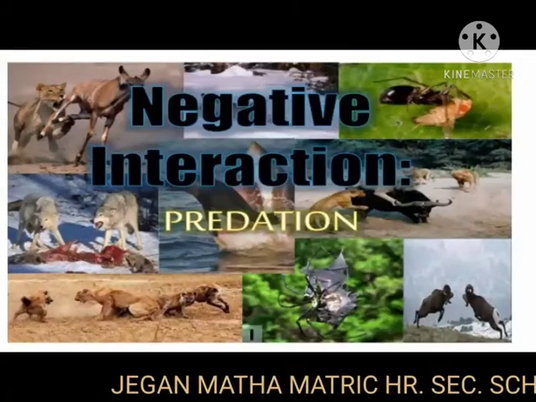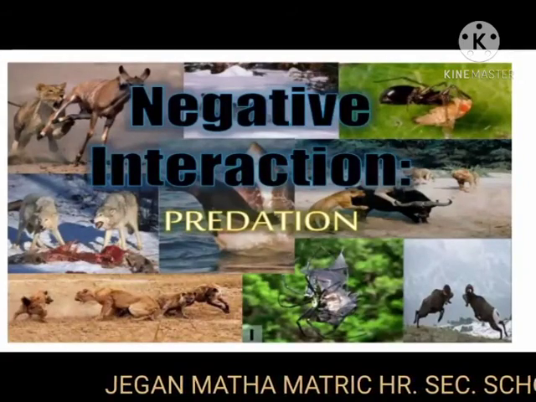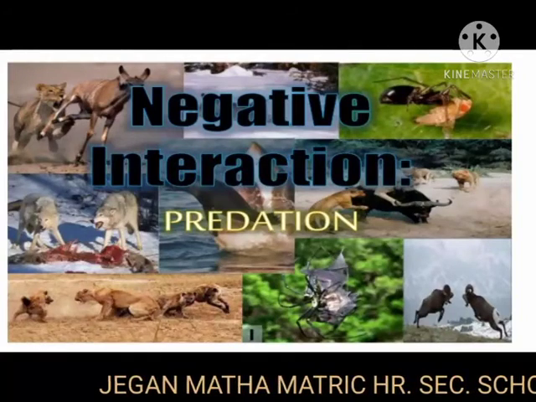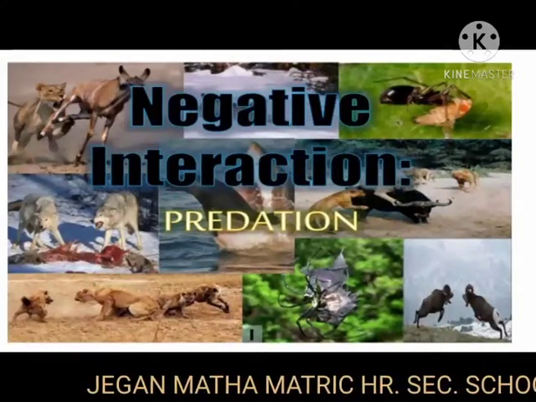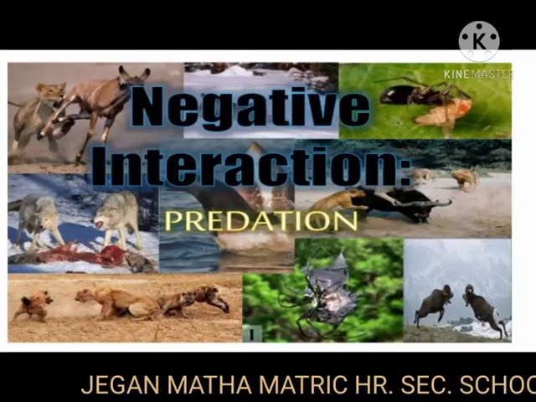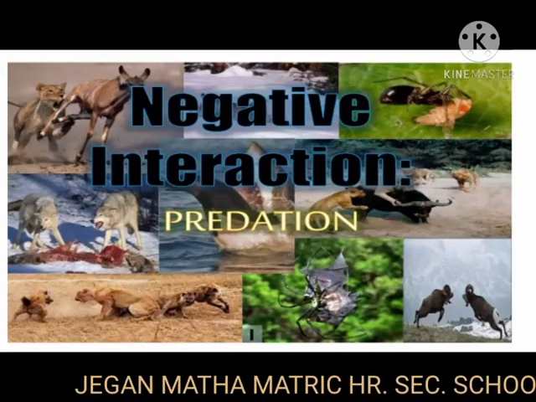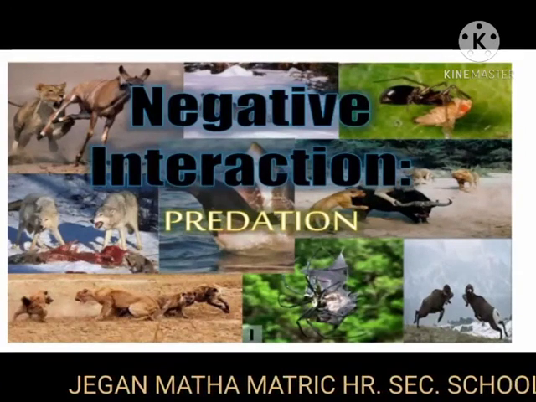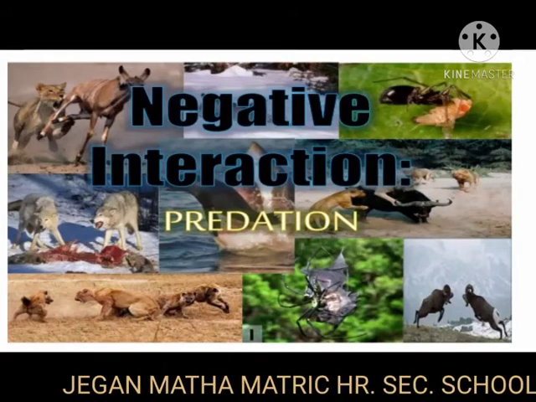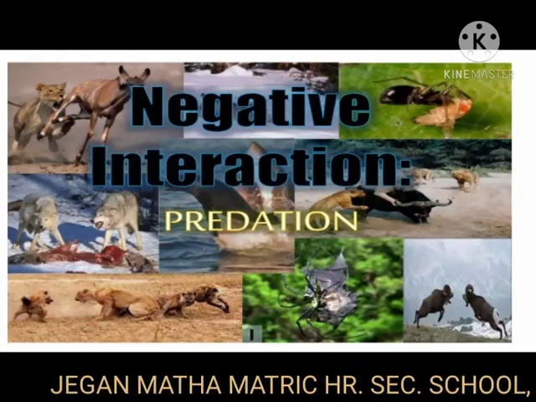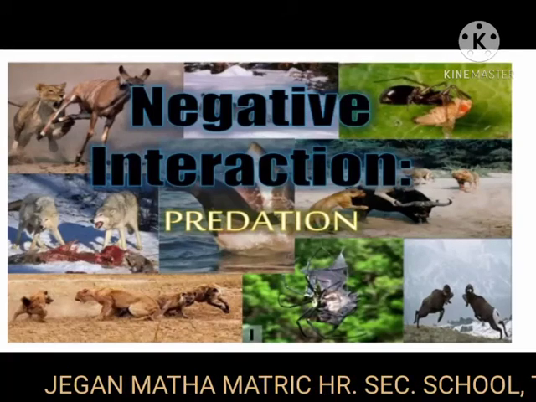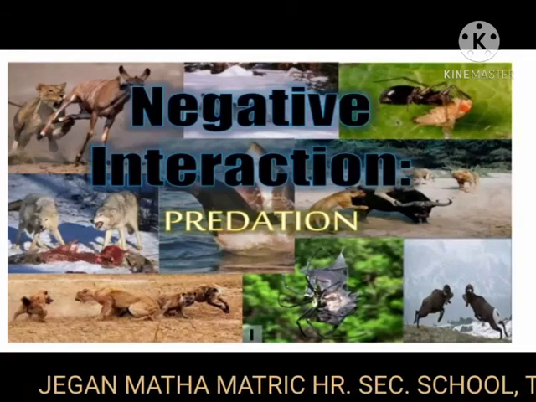Negative interaction. When one of the interacting species is benefited and the other is harmed, it is called negative interaction. Examples: predation, parasitism, competition, and amensalism.